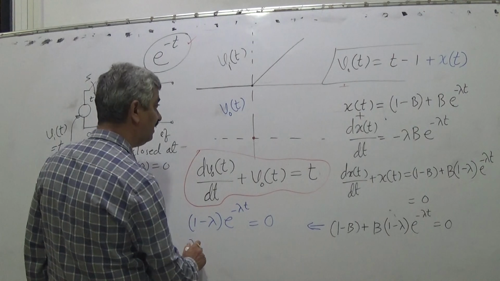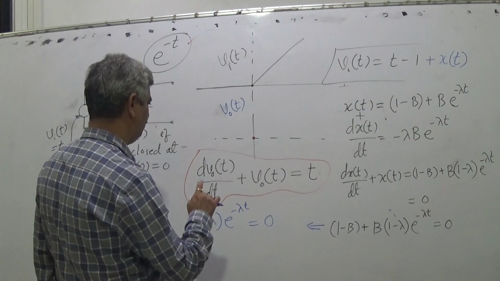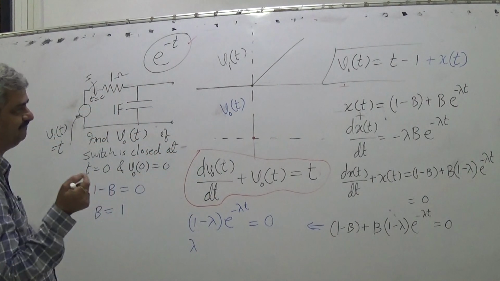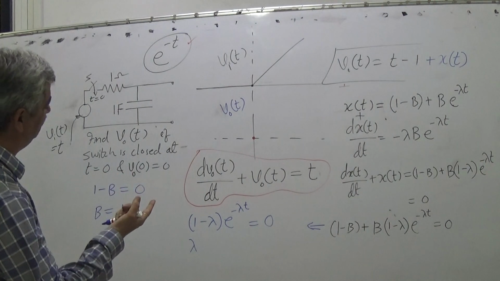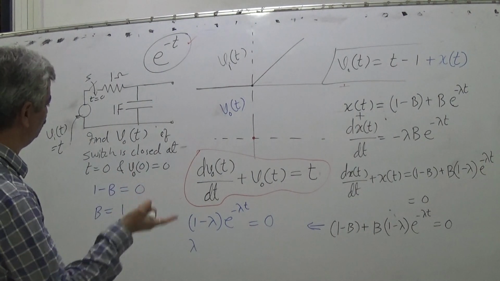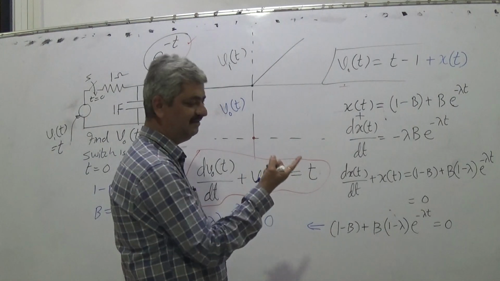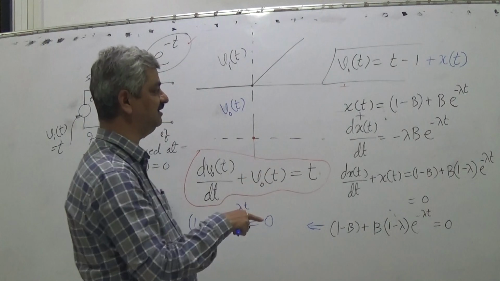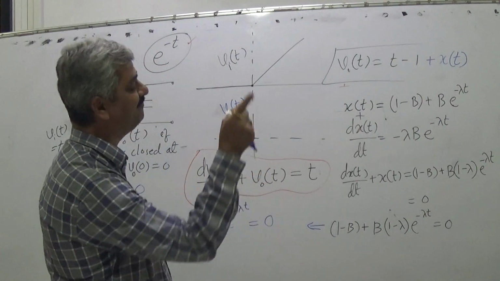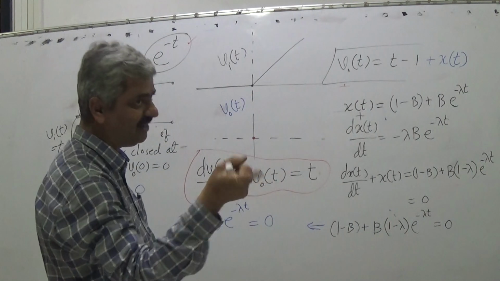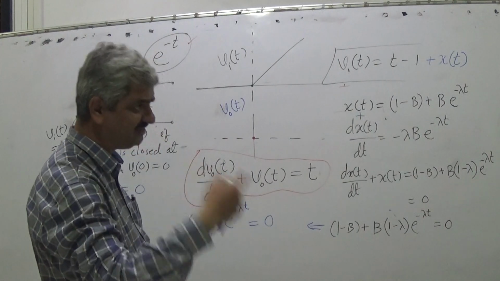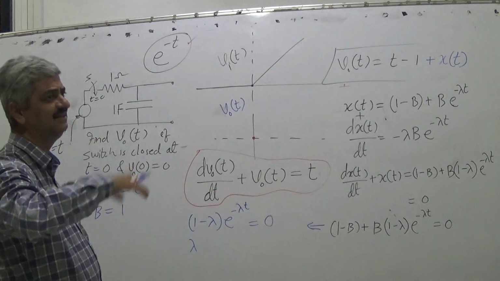So lambda, we made another mistake. We assumed the equation as minus lambda t. It is not a mistake, but some conventional error.